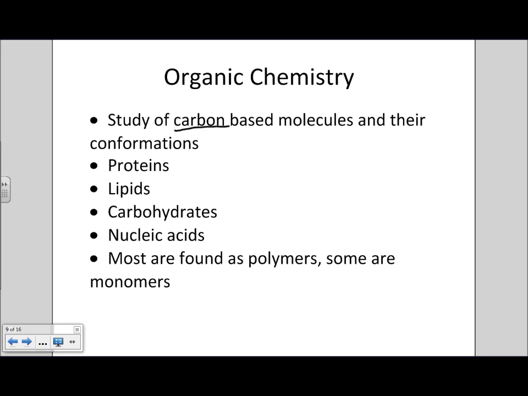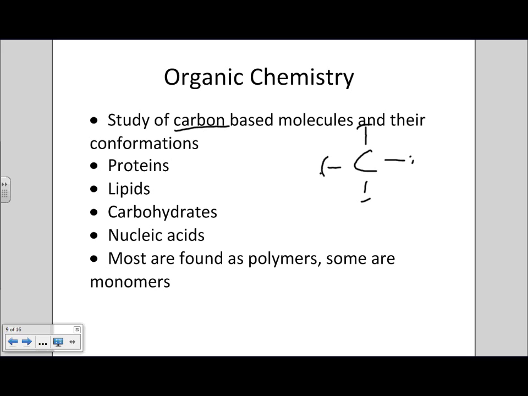All right. So when we're talking about organic chemistry, one thing about carbon is it's extremely diverse. It has 4 valence electrons. Now remember, when we say a valence electron, when we talked about the structure of an atom, those are the outermost electrons that interact with other atoms to form chemical bonds.